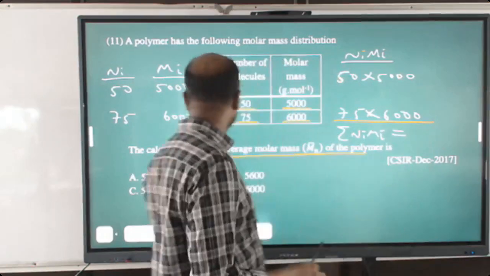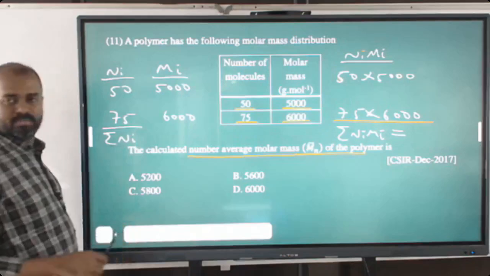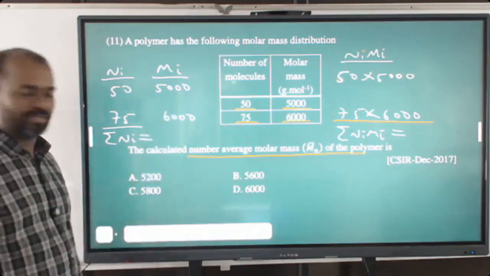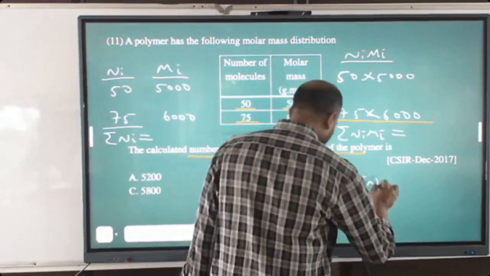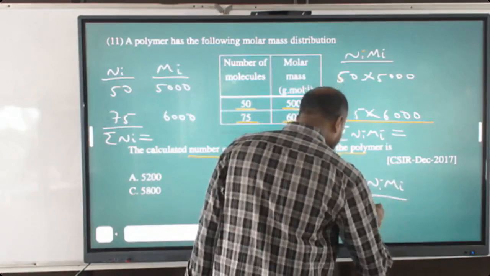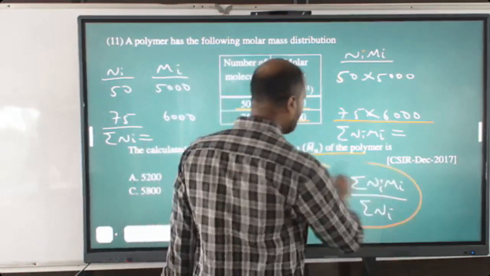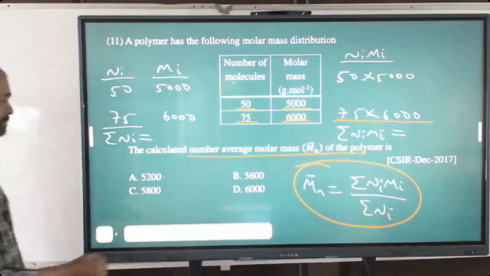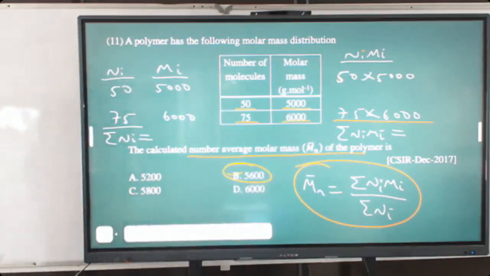Just find this value sigma NiMi and similarly find the value sigma Ni. Finally Mn, number average molecular weight, is sigma NiMi divided by sigma Ni. It's the equation for number average molar mass. Answer is option B, 5600. That's the correct answer. Question 11, option B, 5600 is the correct answer.